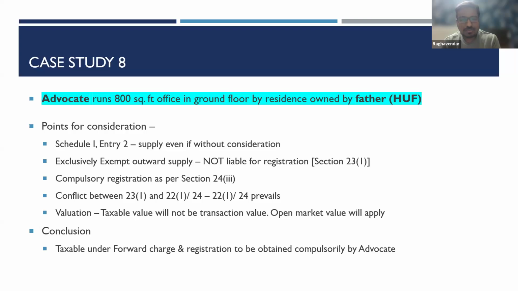See, now the conflict is between 23.1 and 24. 23.1 does not have a notwithstanding provision. 23.2 specifically has a notwithstanding provision, which means 23.2 will override, whereas 23.1 will not override 24.